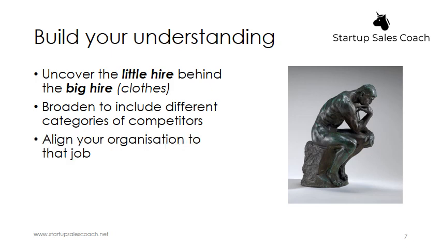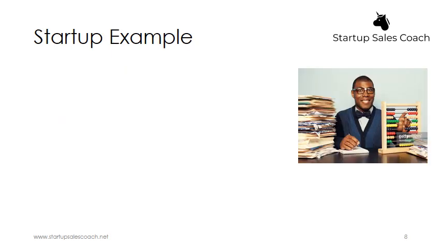Next is to align the organization that you have to the job that you're seeking your customers to purchase you for. So when you have that one job in mind for everybody in the organization, that can bring a lot of synergy and success. Here is an example of a fictional startup applying jobs to be done.